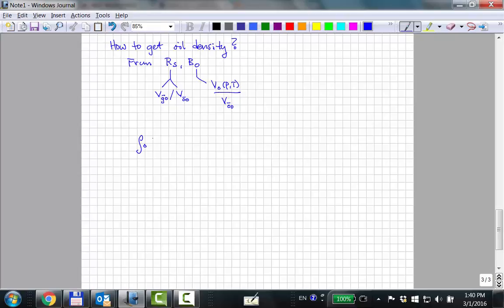Mass density is the mass of the oil over the volume of the oil.